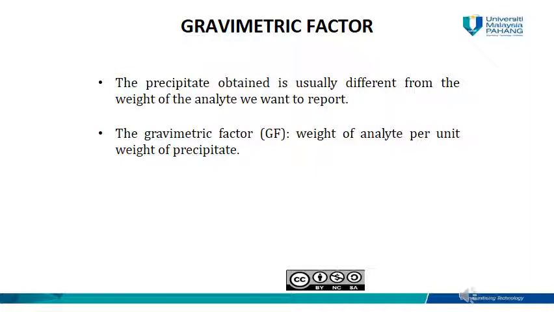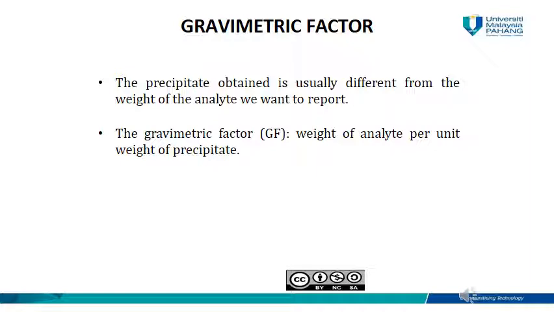So what is the gravimetric factor? The gravimetric factor is the weight of analyte per unit weight of precipitate. So you must know what your analyte is, and you must know what your precipitate is.